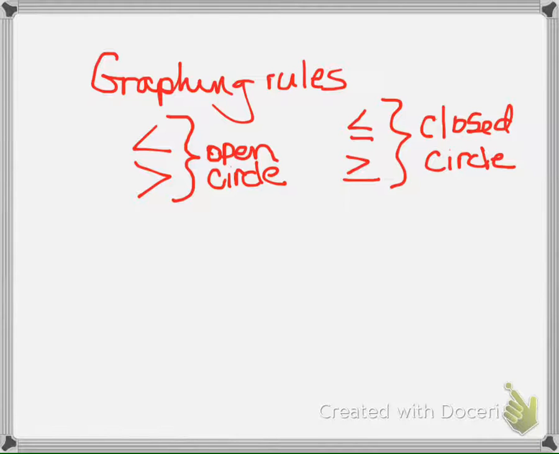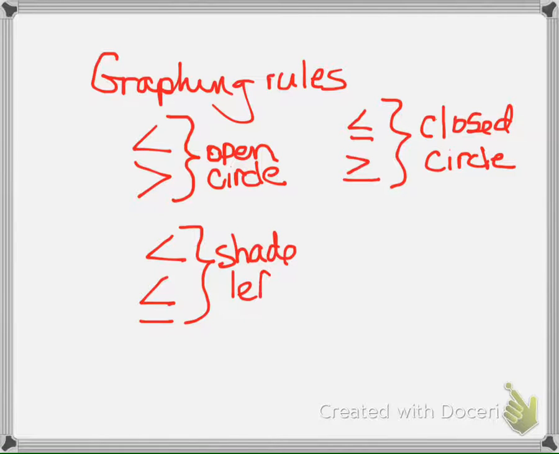So in that case, if it's less than or equal to, you shade left. Do you see where these things are pointing? You see that point that I just drew the arrow to? Isn't that pointing to the left?